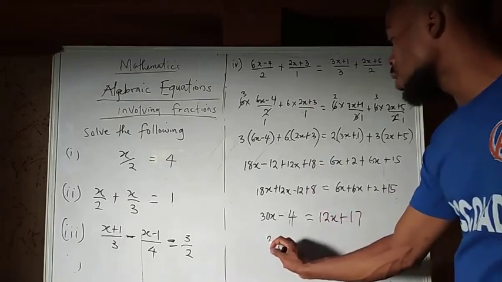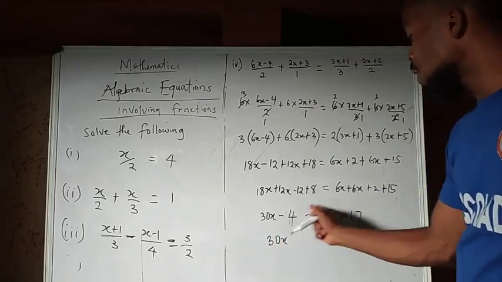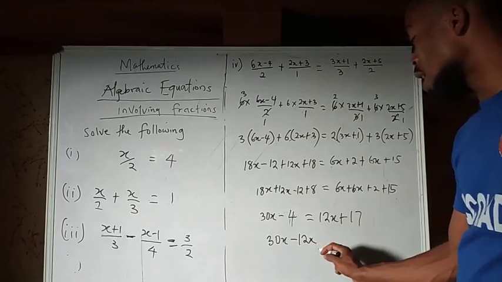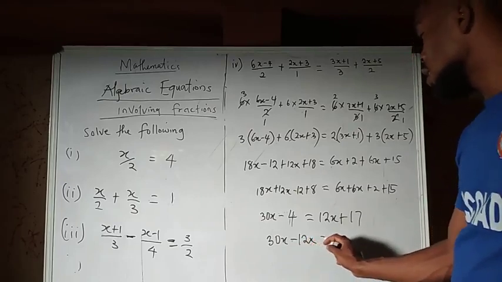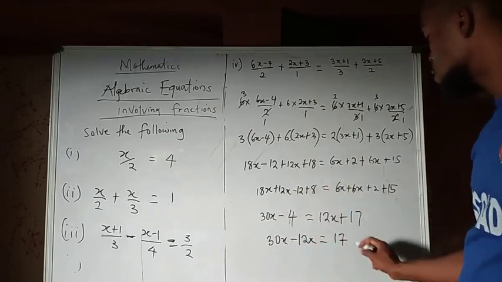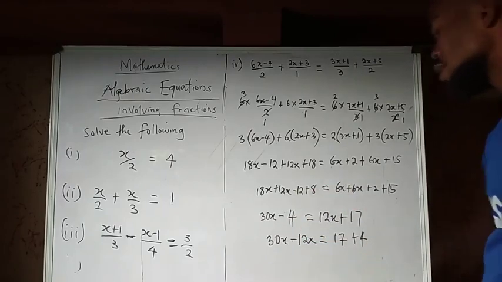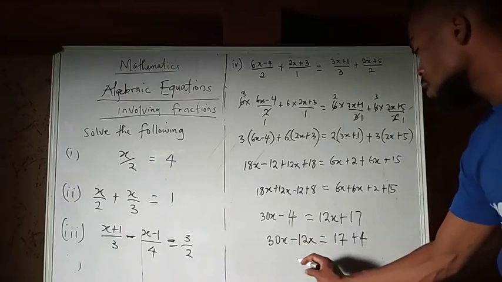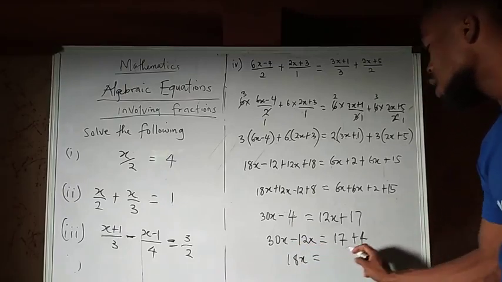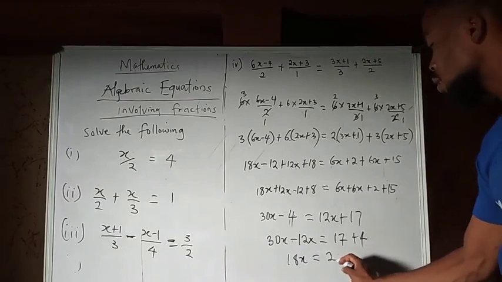So this becomes 30x, 12x crosses the equality sign to become minus 12x, then equals 17. Here is positive 6 which comes to meet it and becomes negative. So 30x minus 12x gives us 18x equals 17 minus 6 is 11.